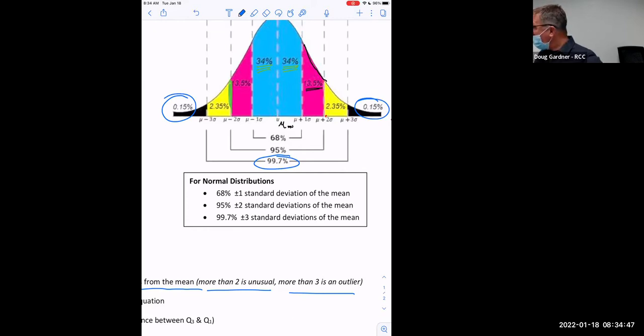So of those people that aren't inside that group, half of them have too low temperatures and half of them have too high temperatures. So that's why plus or minus 2 tells you whether somebody is unusual. Just one number tells you exactly where you are relative to other people. And then plus or minus 3 tells you whether it's worse than that.